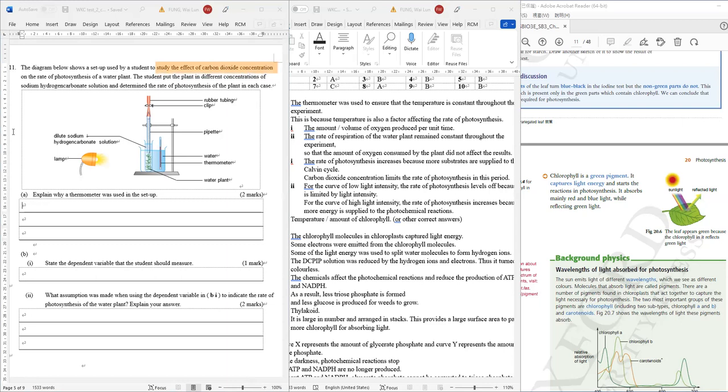When you want to study the effect of carbon dioxide concentration, you want to change the concentration of the sodium hydrogen carbonate solution, so it provides different amounts of CO2.